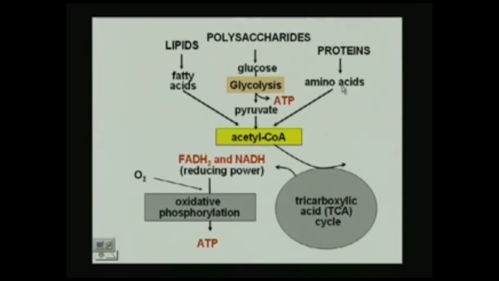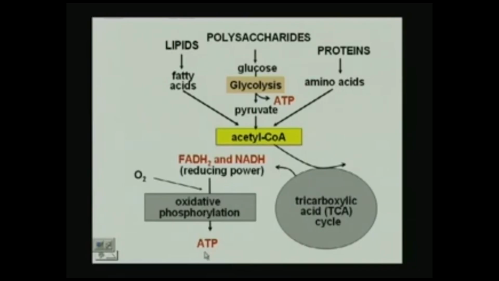Proteins again breaking down into amino acids that again are utilized in this acetyl-CoA, which finally is used in the tricarboxylic acid cycle, which is going to be the breakdown of the tricarboxylic acids, the oxaloacetate and so on and so forth.